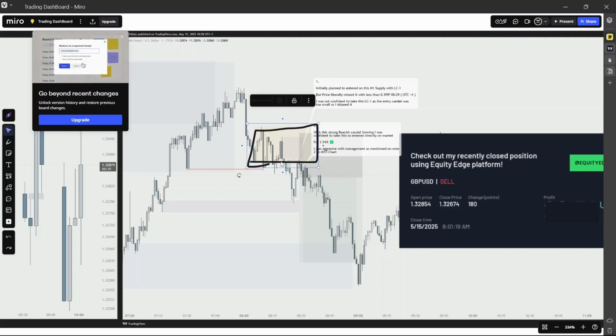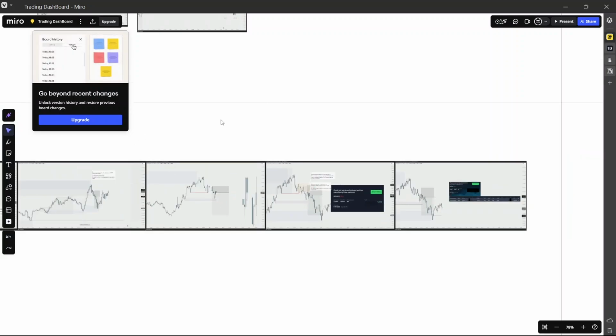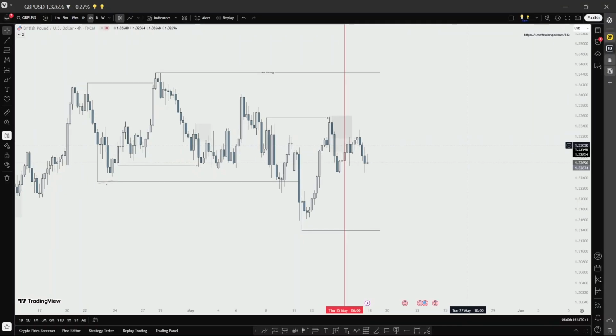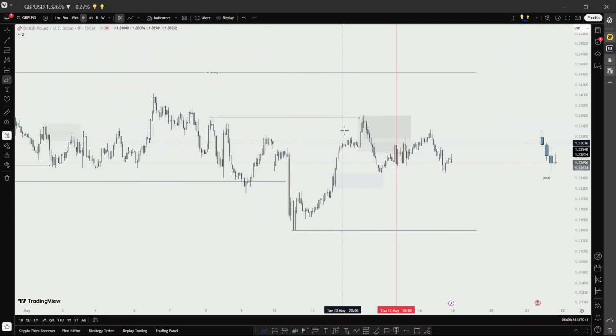So overall, let me revise what we went through right now. I wanted to play the pullback from this POI following the sweep of this buy side liquidity sweep.